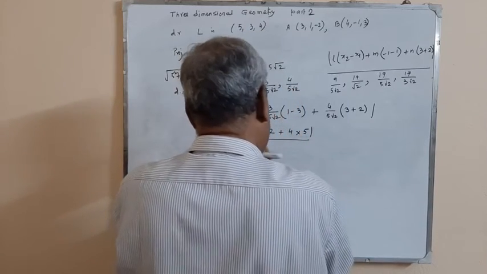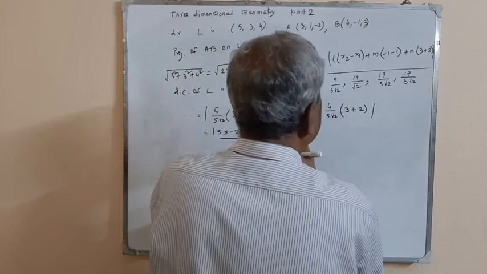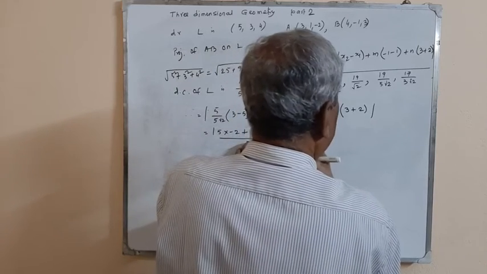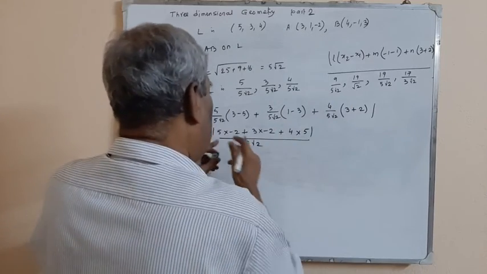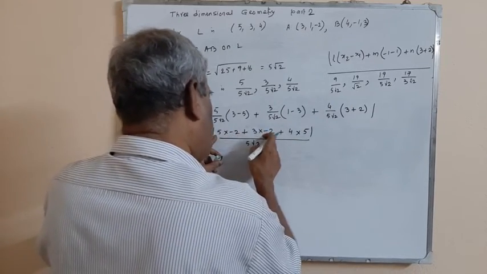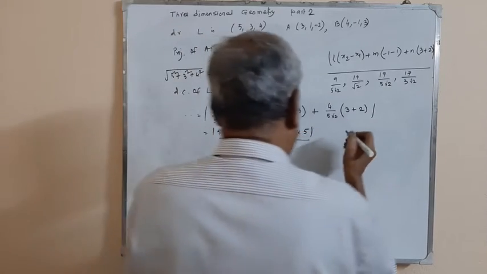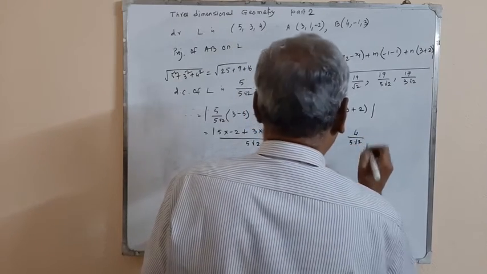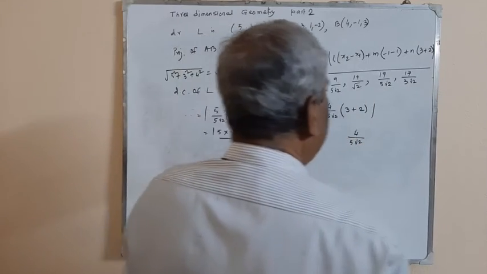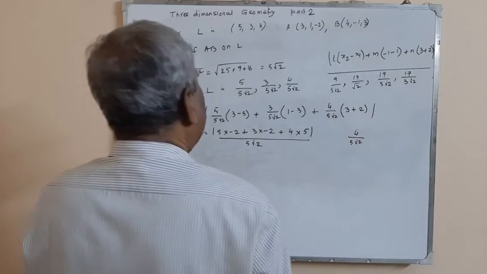This is minus 10 minus 6 minus 16 plus 20, therefore it is minus 10 minus 16, together this is 20, so 4 by 5 root 2. In the options, there is no value like that, so let us check the calculation.